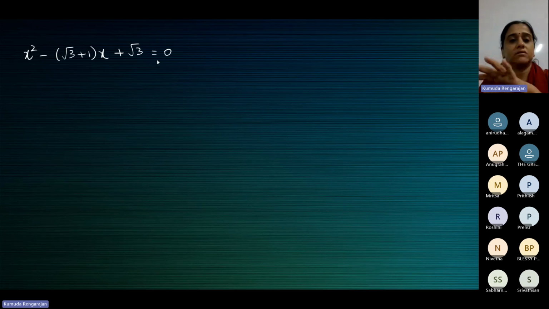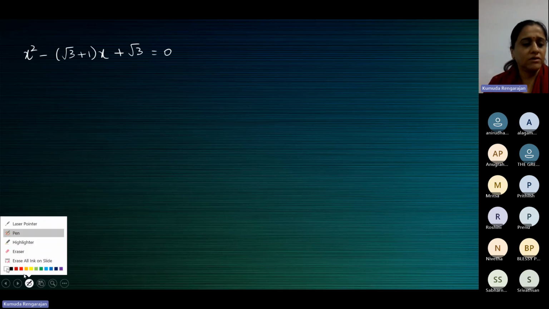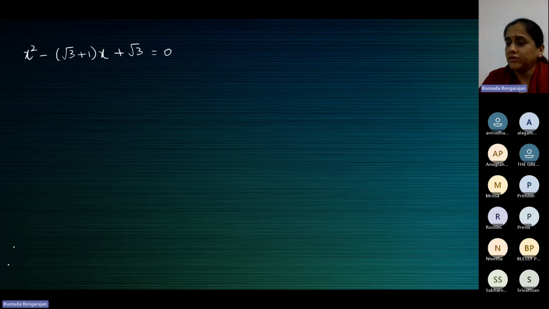Now we'll solve this in the usual method, if no condition is given to you. Here the heading is solve for x by using the quadratic formula. If nothing is mentioned, then how would you solve it? You can just open the bracket.